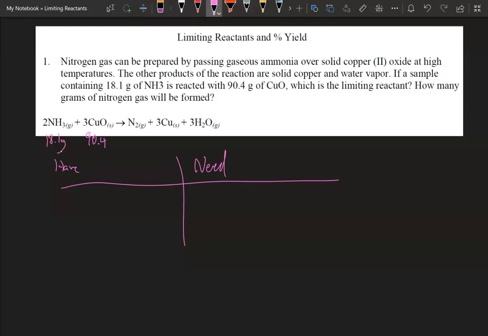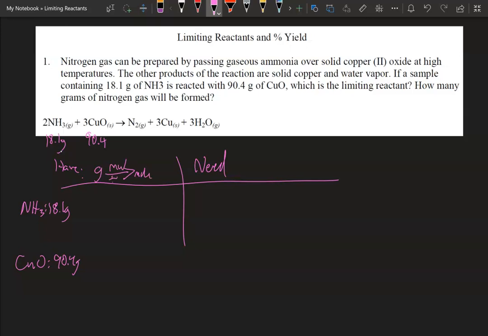So we have the ammonia, which we have 18.1 grams of, and then we have the CuO, which is 90.4 grams of it. For the have part, you take your grams and convert to moles by dividing by the molar mass of the substance.